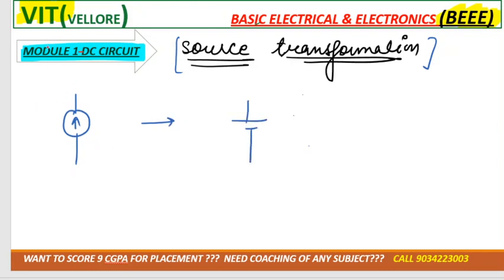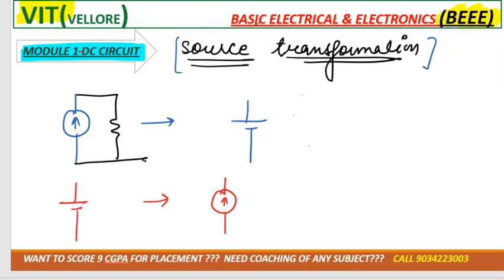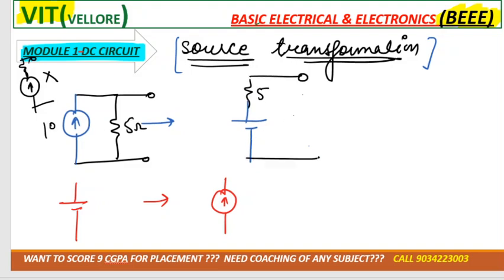Similarly, we can have a voltage source and convert it into a current source, right? But there is one condition: the current source must be connected in parallel with the resistance. If the current source is connected in series with the resistance, then we can't convert. The same resistance which is connected in parallel would be connected in series with the voltage source.